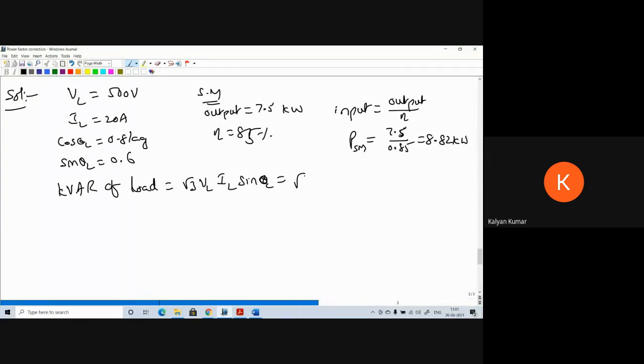So root 3 into VL 500 volts, IL 20, into sin theta 0.6. How much are you getting? Convert that into kVAR, so we multiply by 10 power minus 3, because the voltage is in volts and the current is in amps. How much does it come to? 10.39, sir. 10.39 kVAR.